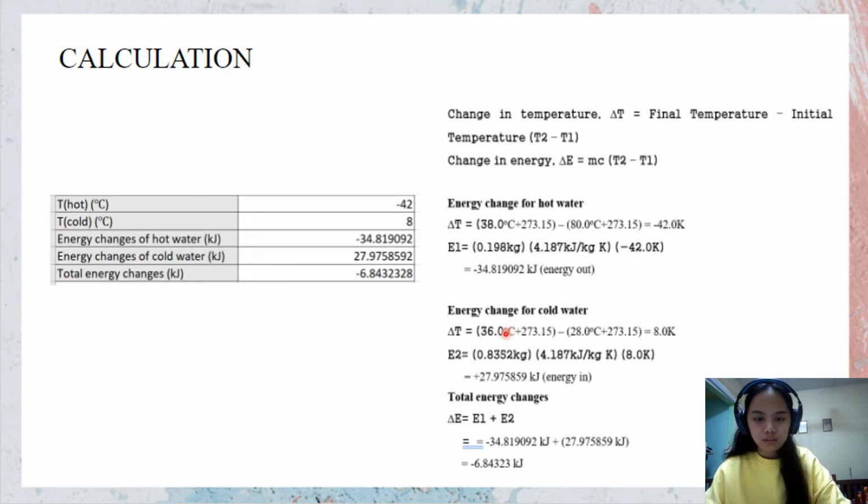And so the next one is the energy change for cold water. The temperature change for cold water is 36 minus 28 Celsius. We have converted the 36 Celsius and the 28 Celsius both to Kelvin initially, and we get 8 Kelvin.